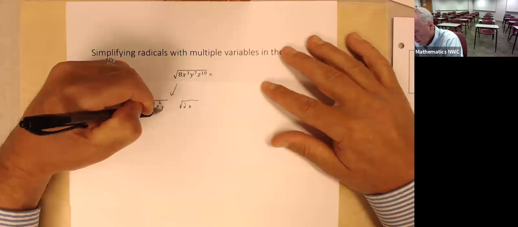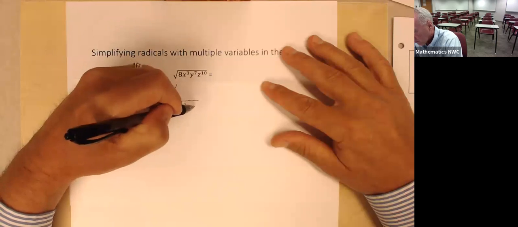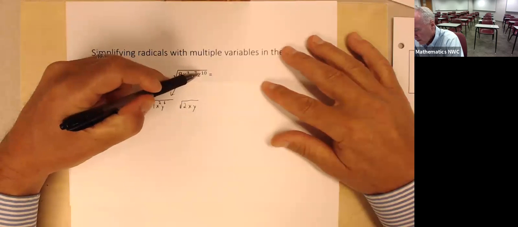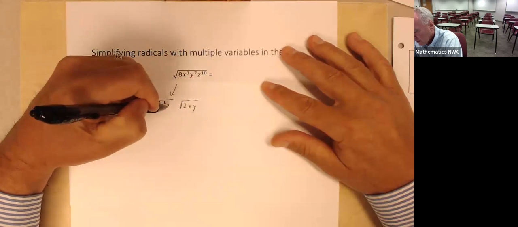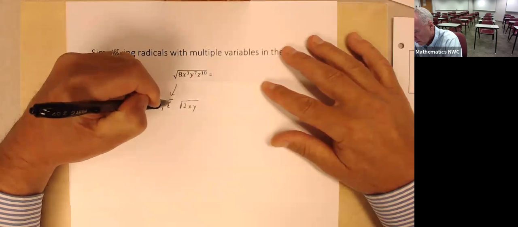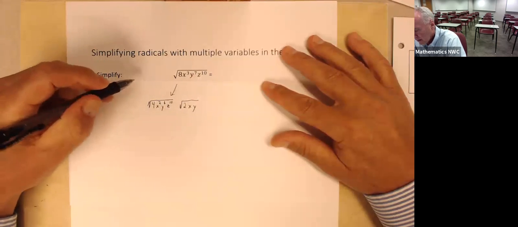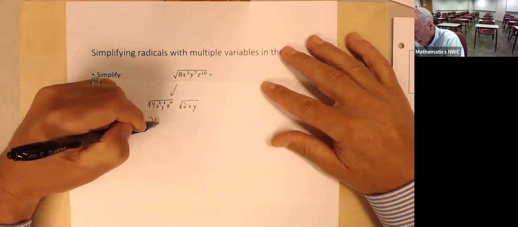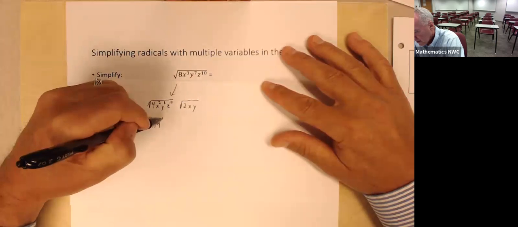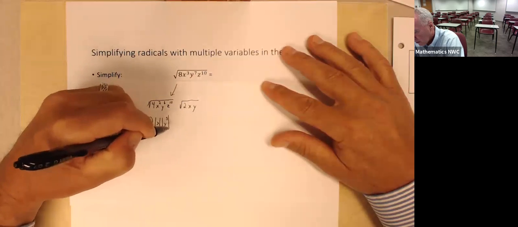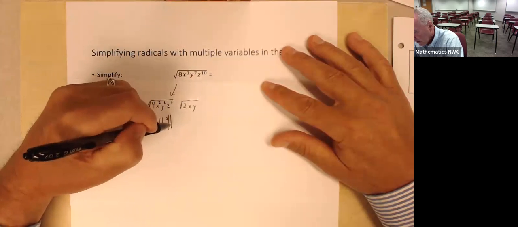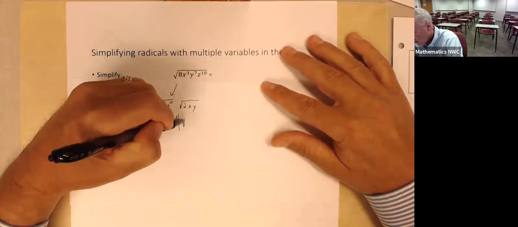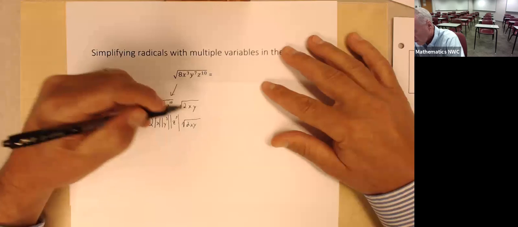It would be y to the 6th, and I have 1y left over. This one already is a perfect square, so I leave it in the radical that has all perfect squares in them. Then the square root of 4 is a 2. I have the absolute value of x, the absolute value of y cubed, and the absolute value of z to the 5th times the square root of 2xy.